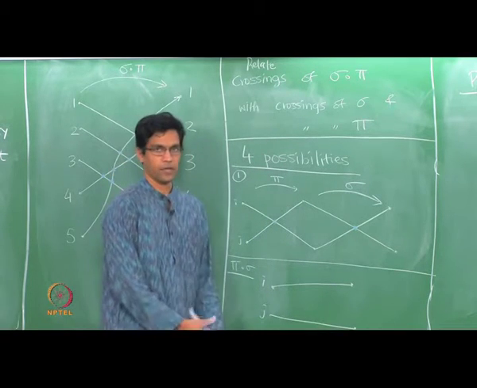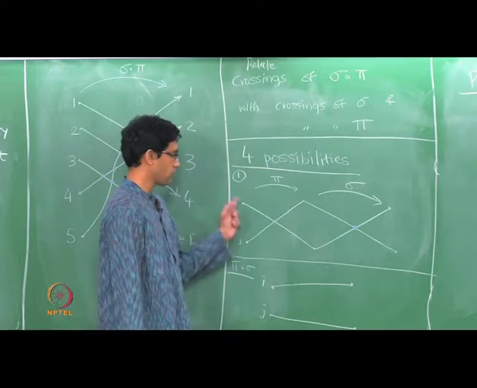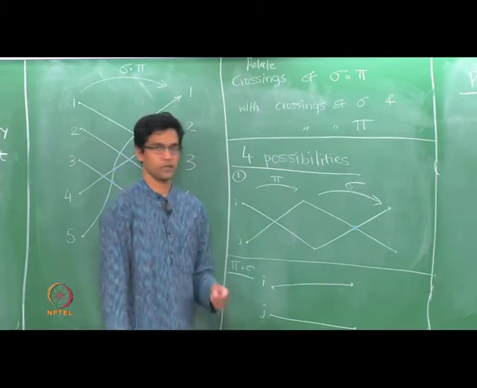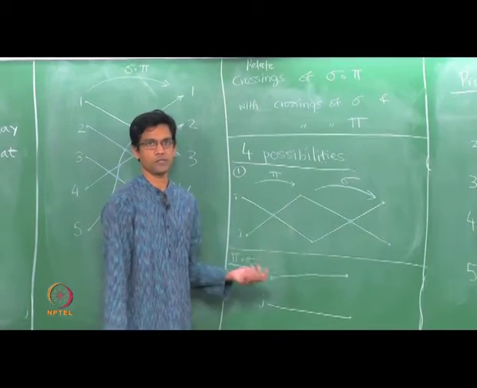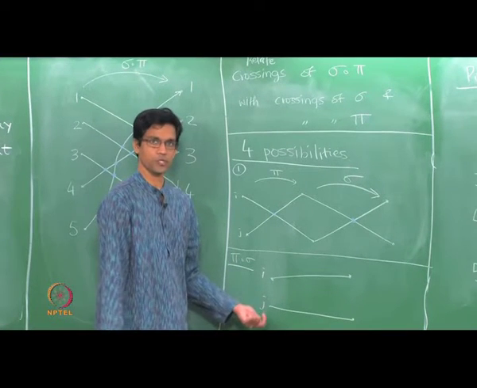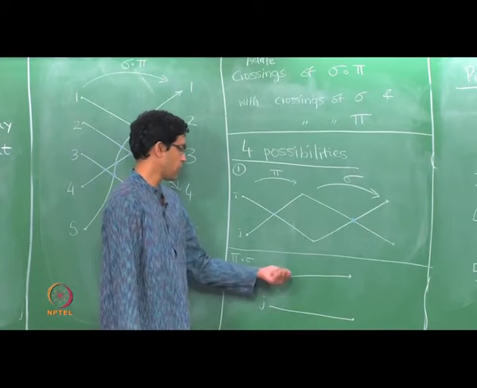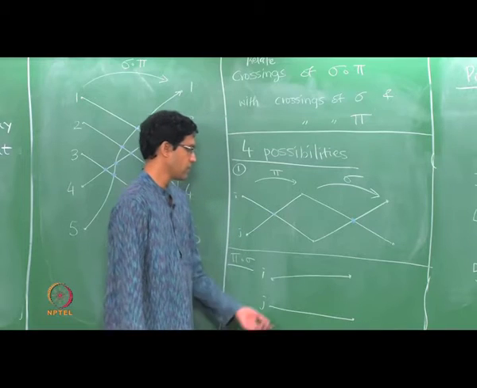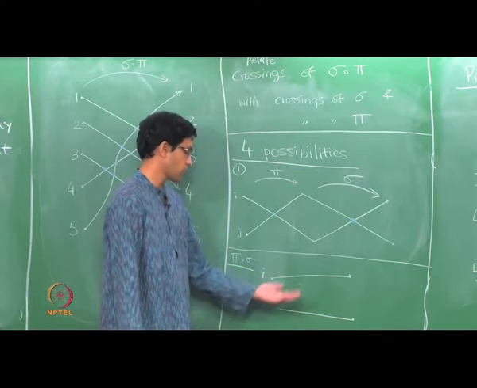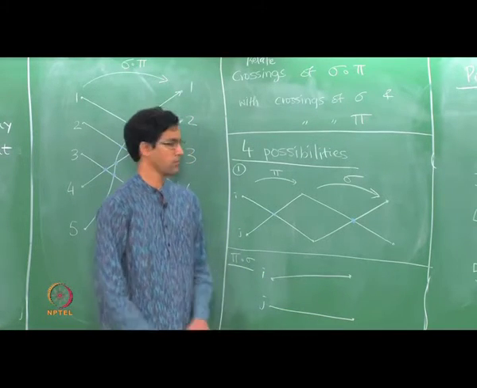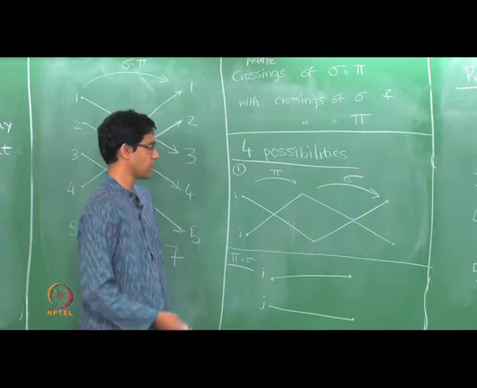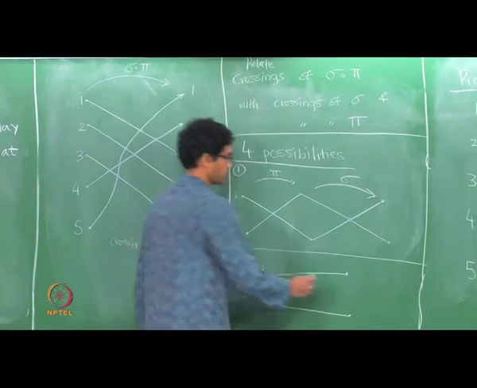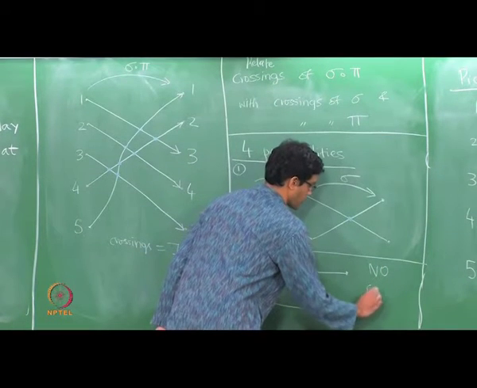In other words, if I have one crossing followed by another crossing, then they undo the effect of each other. In the final answer, in the composition of these two things, sigma of pi of i would be smaller than sigma of pi of j. So two successive crossings lead to no crossing in the composition.